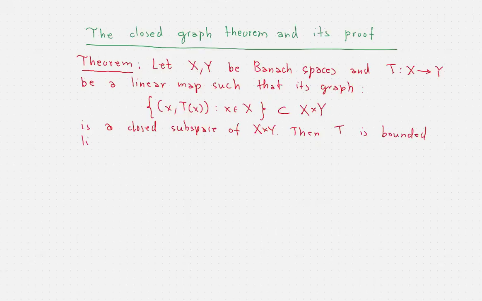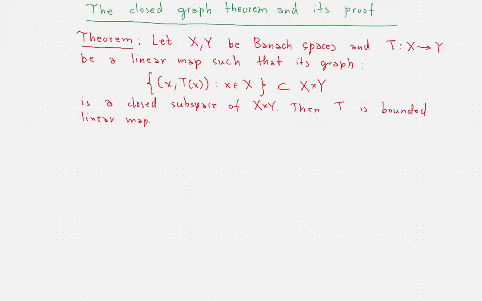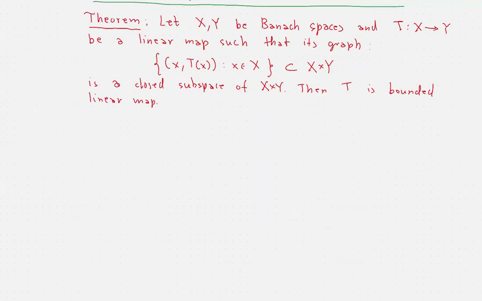Okay, let's try to understand the significance of this theorem, because it's a theorem that really simplifies in many cases the task of trying to show that a linear map is continuous. And we need to try to appreciate this. So in general, if you want to show that a linear map is continuous, then you can try to do two things.